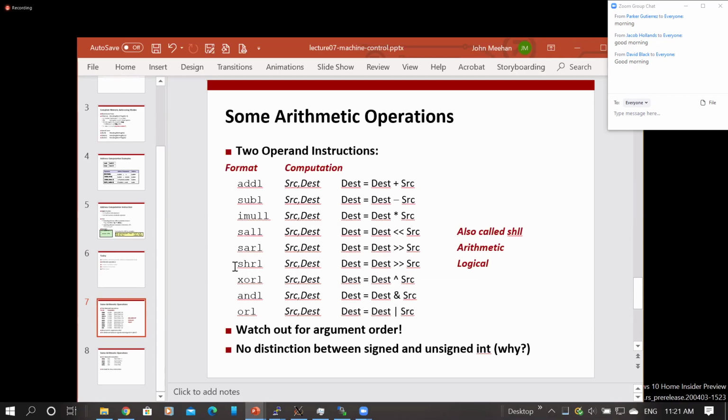And then we have instructions to do things like exclusive or, and, or, just the counterparts of these symbols we were using in C. So when we use these operators in C, they just have a direct counterpart with a specific assembly language instruction.